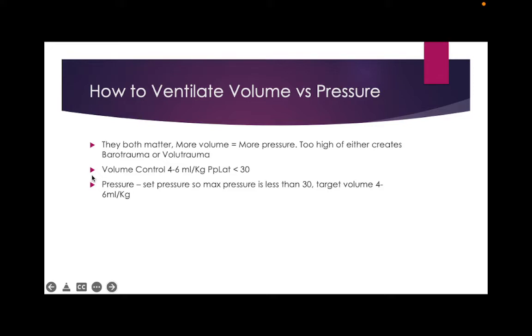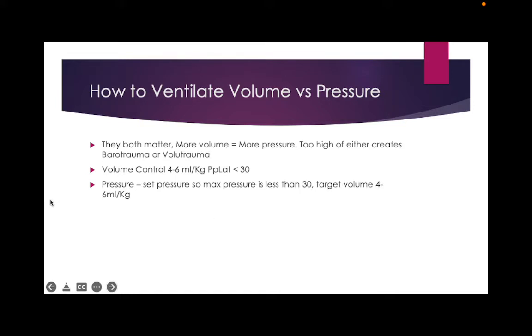Do you guys remember? 6 to 8 mL per kilo. All right, for someone with ARDS, we're going to go lower. We're going to go to 4 to 6 mL per kilo. And we're going to keep our P-plat less than 30. If you have no idea what P-plat means, don't worry, we're going to explain in a minute. If you're setting a pressure, you're going to set your pressure so your max pressure is less than 30, and you're going to target your volume of 4 to 6 mL per kilo, okay?